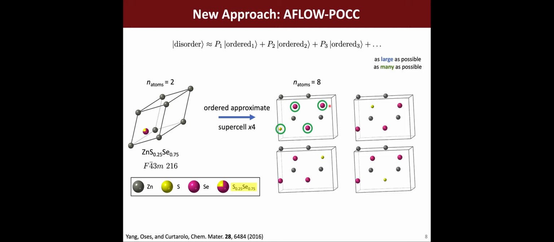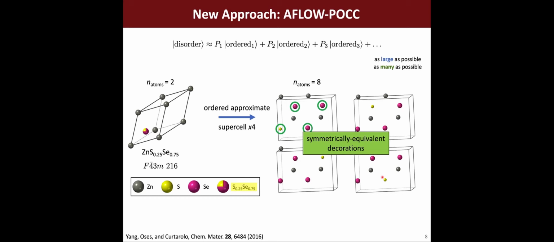There's actually at least 4 here. There's 3 others. I can take this yellow site and put it here instead, which is what this cell looks like. I can put it on the corner here or here at the bottom. These are all different viable decorations given the specification of the partially occupied site. So there are at least 4 here.